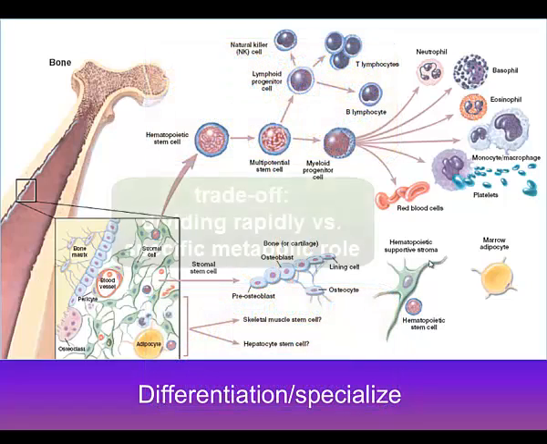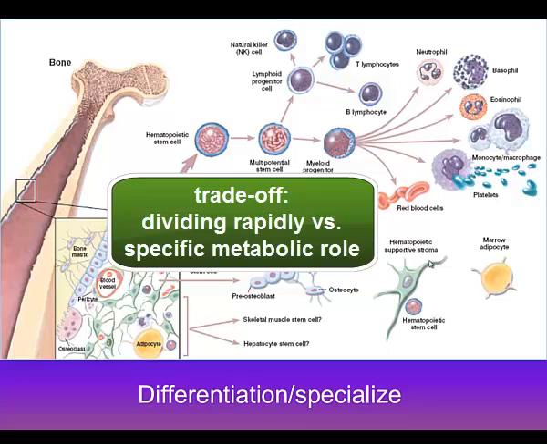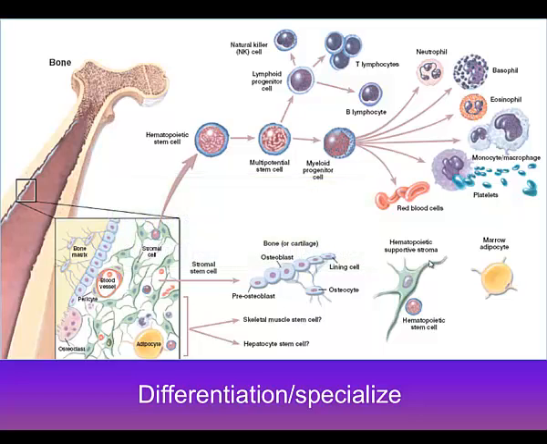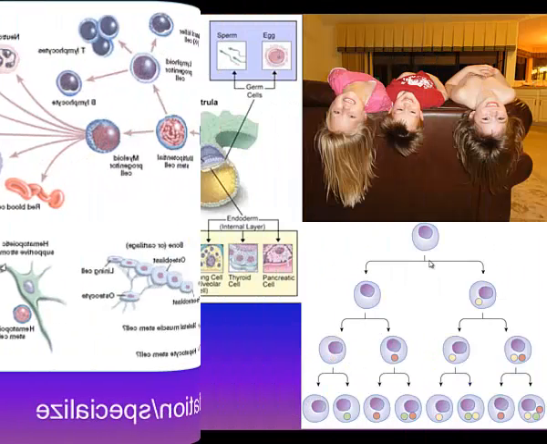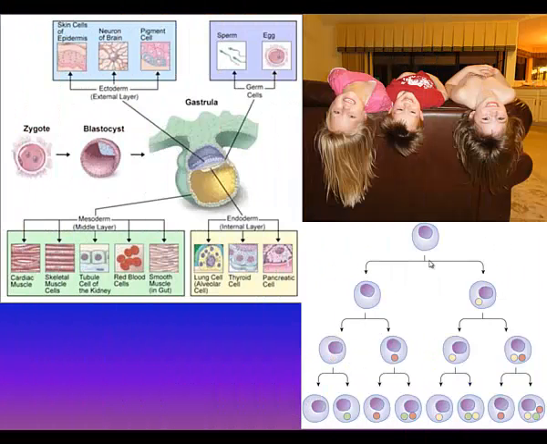As they do this, they lose the ability to divide, but then they get better at doing their job. Now, one of the hallmarks of cancer is that these cells screw this up. They regress and they go from a more specialized cell into a progenitor cell that then essentially takes over an organ or tissue.